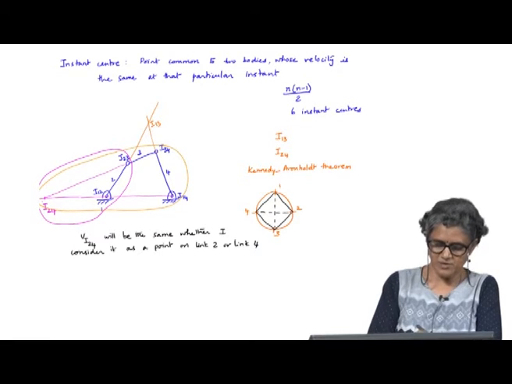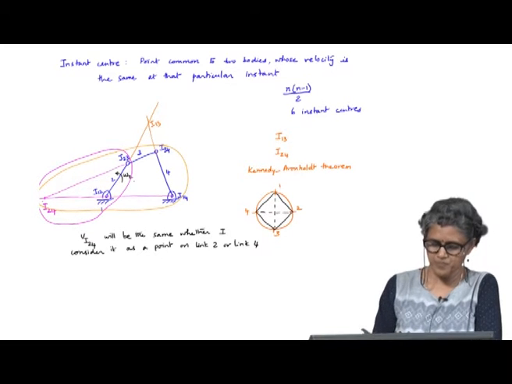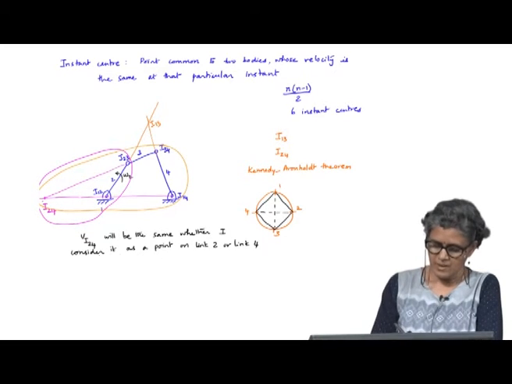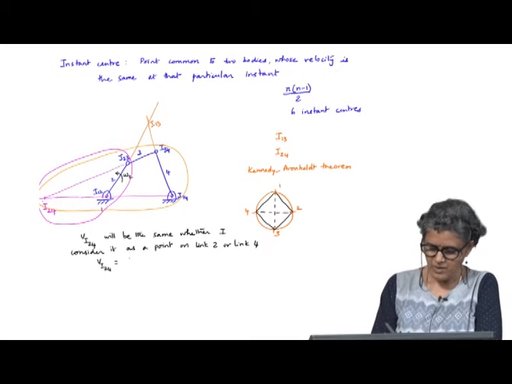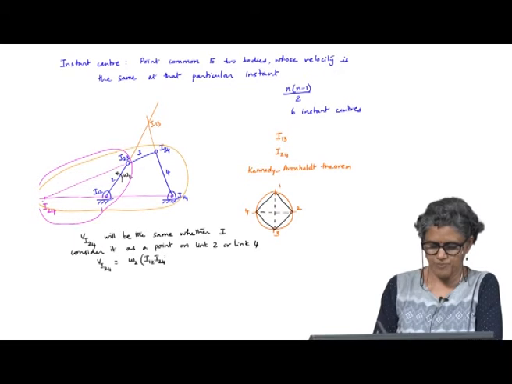What is the velocity of this point if I consider it as a point on link 2? Let us say this is omega 2. Velocity of I24 equals omega 2 into the distance I12, I24.